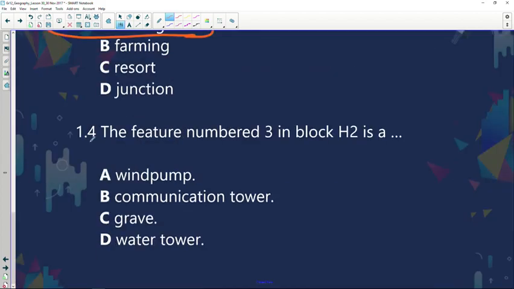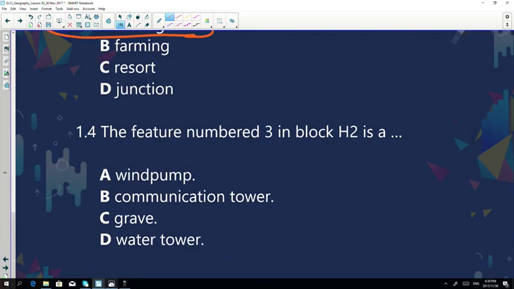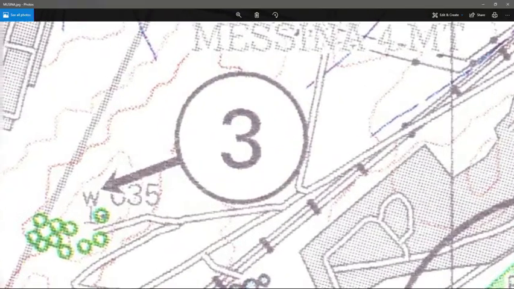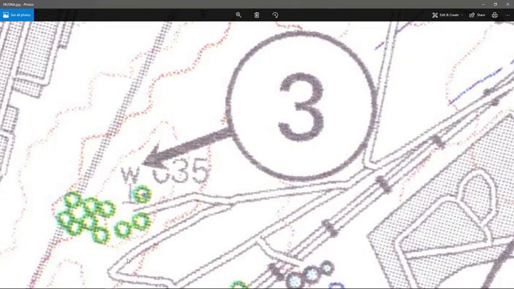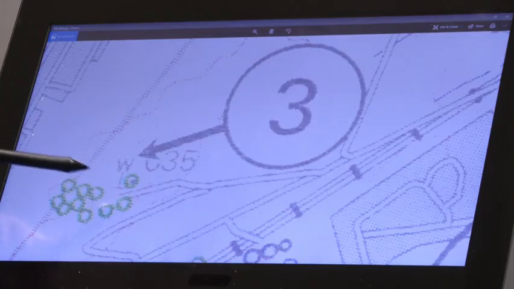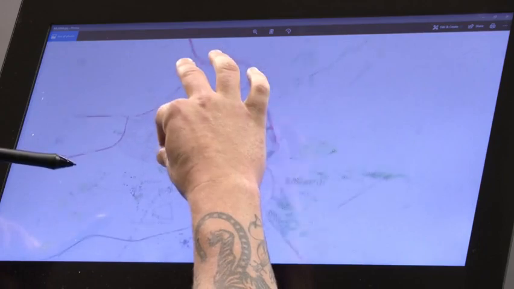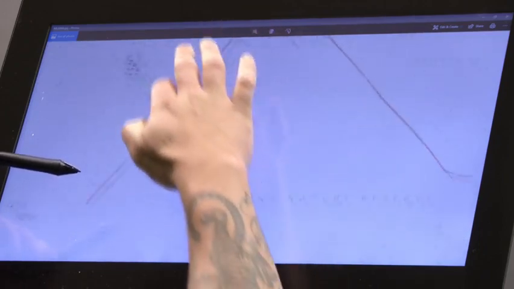Now the feature number 3 in block H2, let's quickly go and have a look at H2. There's the feature number 3. What is it? If you don't know what it is, once again, go to your references to find the answer.